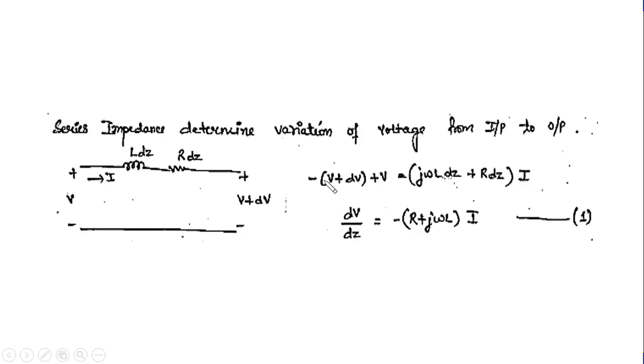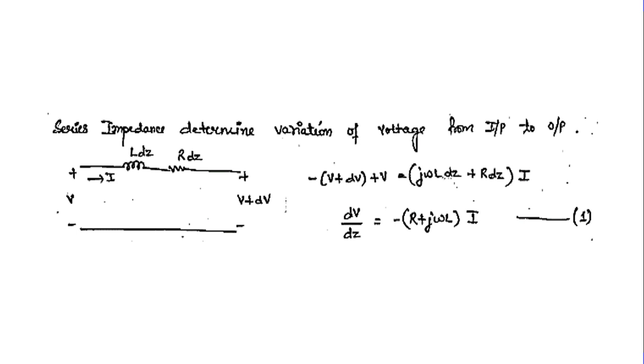In such a case, the equation can be written as V plus dV minus V equals jωL dZ, which is the inductive reactance, plus R, the resistance, dZ times I. If we take dZ common, and minus V plus V gets cancelled, dV divided by dZ equals minus (R plus jωL) into I. We need to remember this equation, dV by dZ equals minus (R plus jωL) into I. Let us consider this as equation number 1, which is the series impedance for the given transmission line.